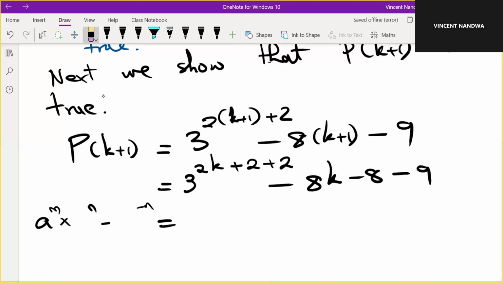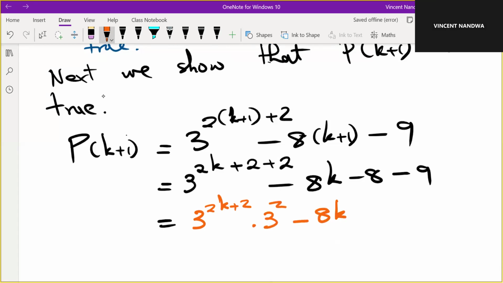We are going to make use of that to simplify this first term, so that we write it as 3 raised power 2k plus 2 times 3 raised power 2, minus 8k, minus 8, and then minus 9.